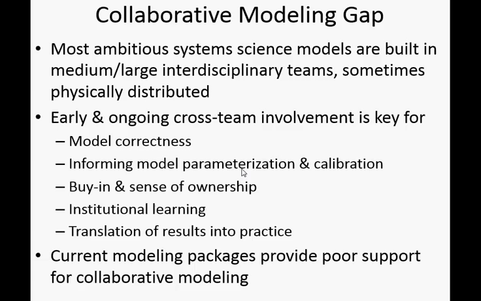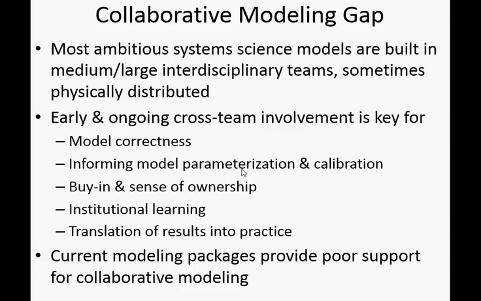So helping to enable modeling collaboration that goes beyond what current systems can offer. Most of the models that we built in class here have been built by you individually. Some people are working in teams. And this is a little bit of a gap from what you see out there in the world, where most modeling that's ambitious gets undertaken in interdisciplinary teams.